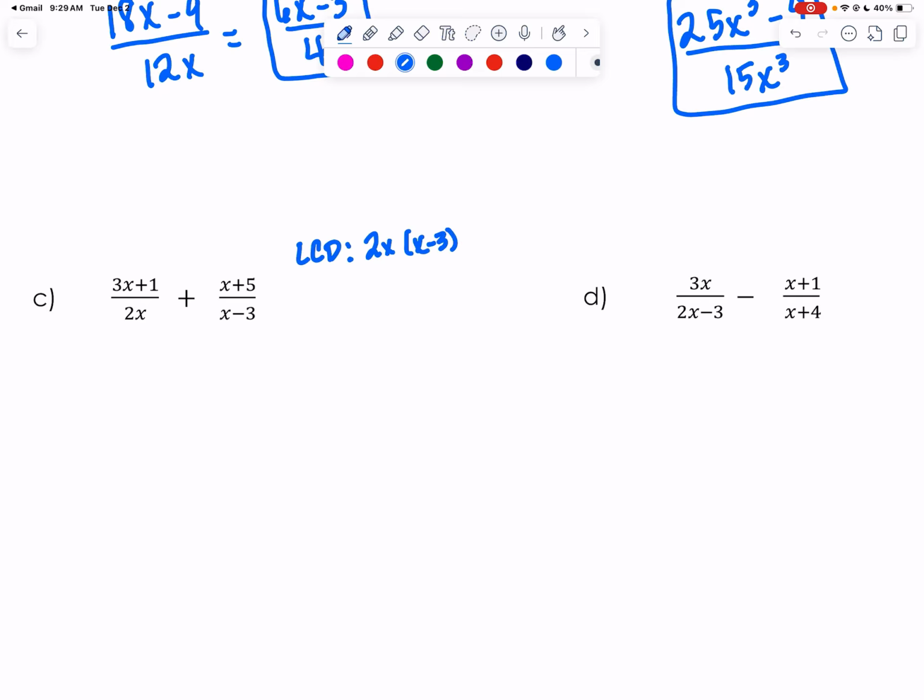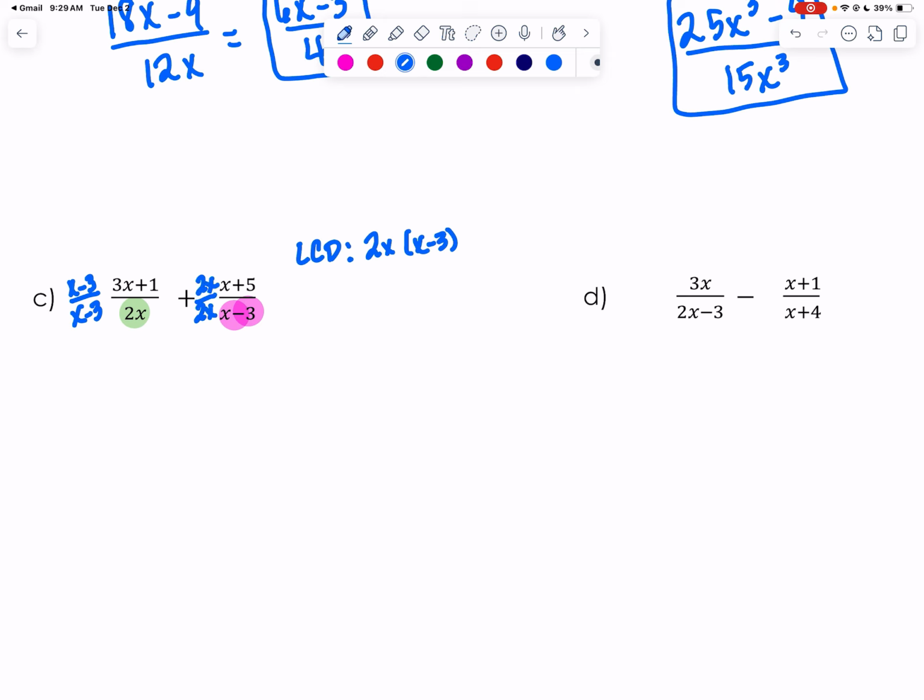So to turn this denominator, 2x, into 2x times x minus 3, I would just multiply by x minus 3 over x minus 3. All right. To turn x minus 3 into 2x times x minus 3, I would be multiplying by 2x over 2x.